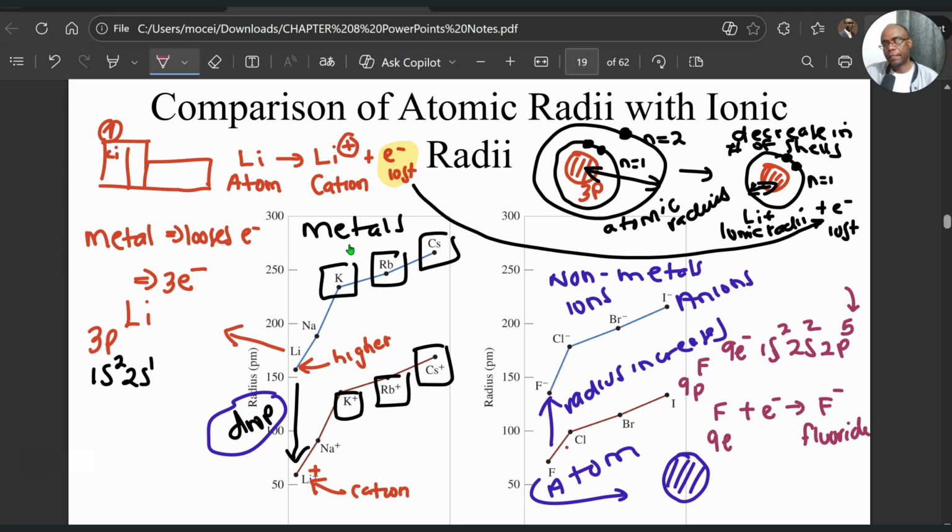Here, you had 9 electrons. Here, you're going to have 10 electrons because the fluoride will now be 1s2, 2s2, 2p6. Now, you're going to have the same number of shells.